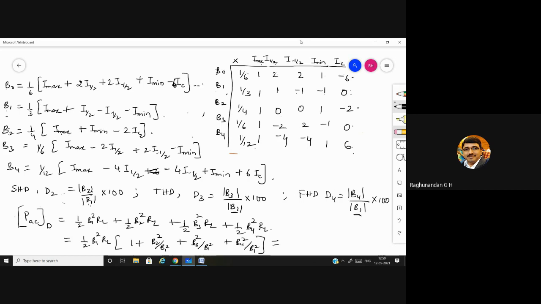So half B1 square RL, what does it indicate? PAC. So PAC times 1 plus B2 by B1 gives you D2 square. Same way, this gives you D3 square plus D4 square.